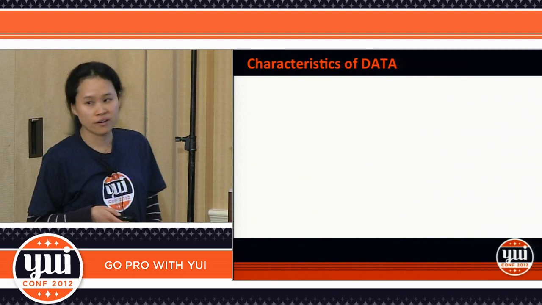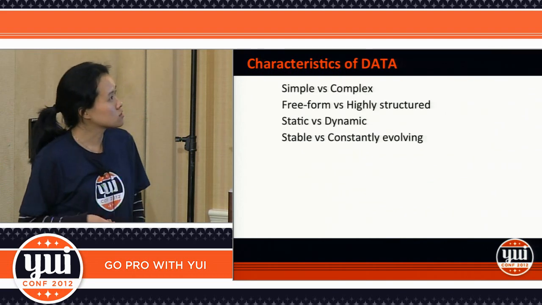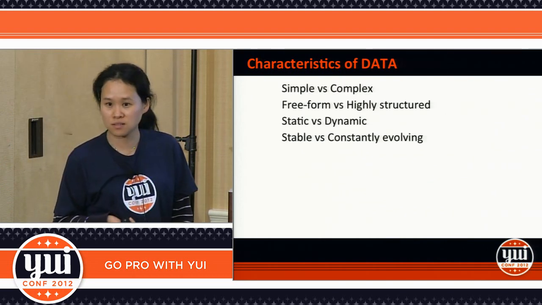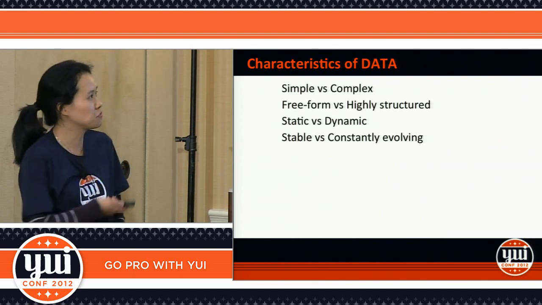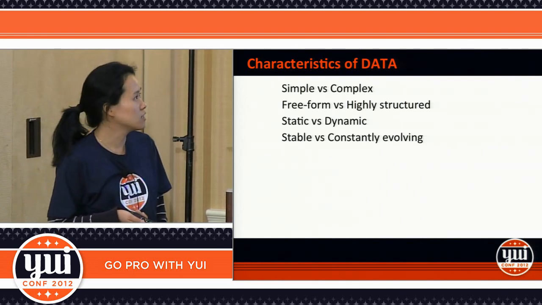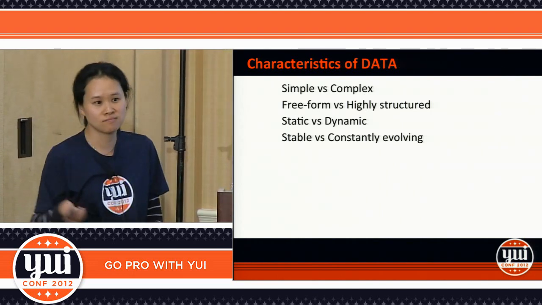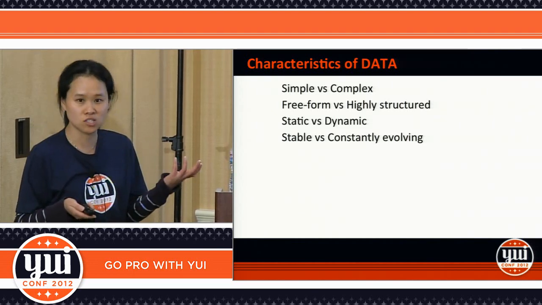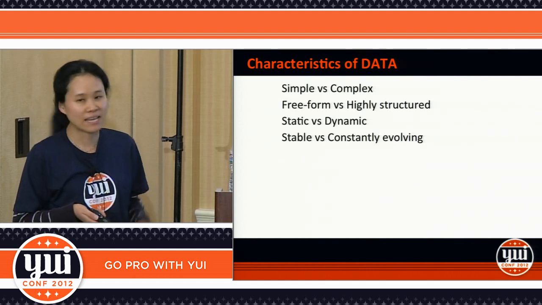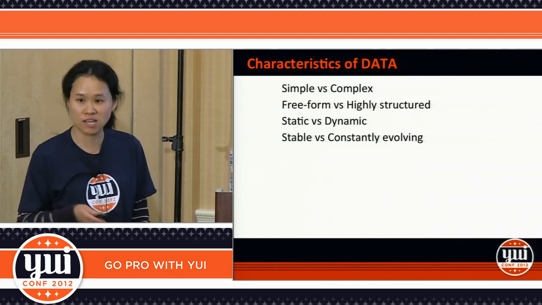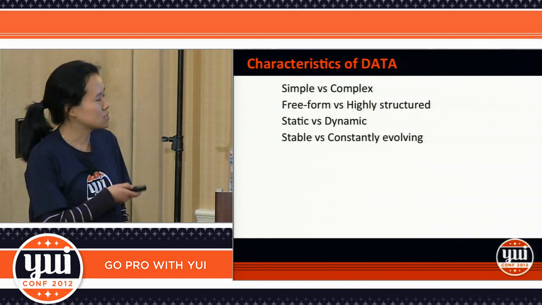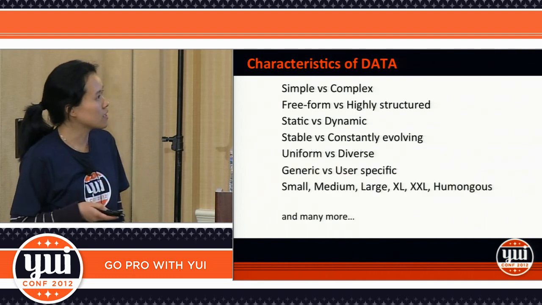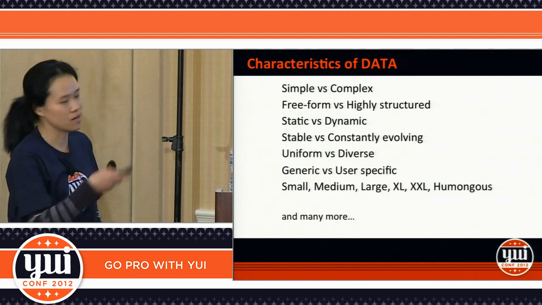Data has many characteristics. Some could be simple and others could be complex. There's free-form, there's highly structured data, and there's static data, which doesn't change once after created, or only changes once a year, once a month. And there's dynamic data, where the data changes every second. And also there's stable and constantly evolving data, and many other things.